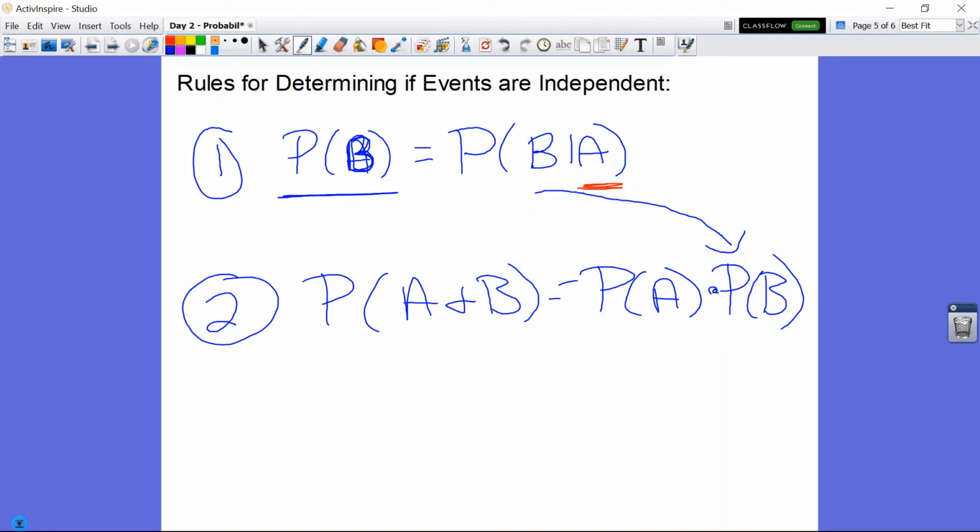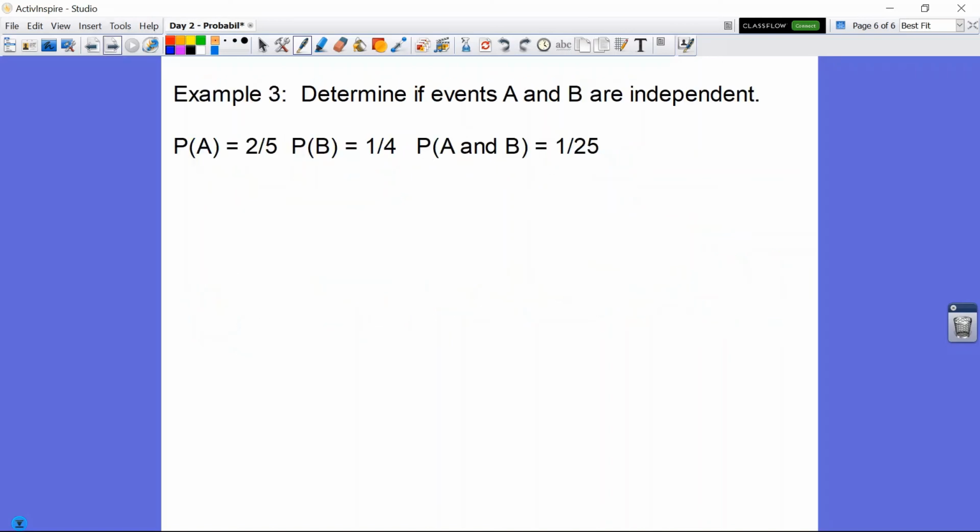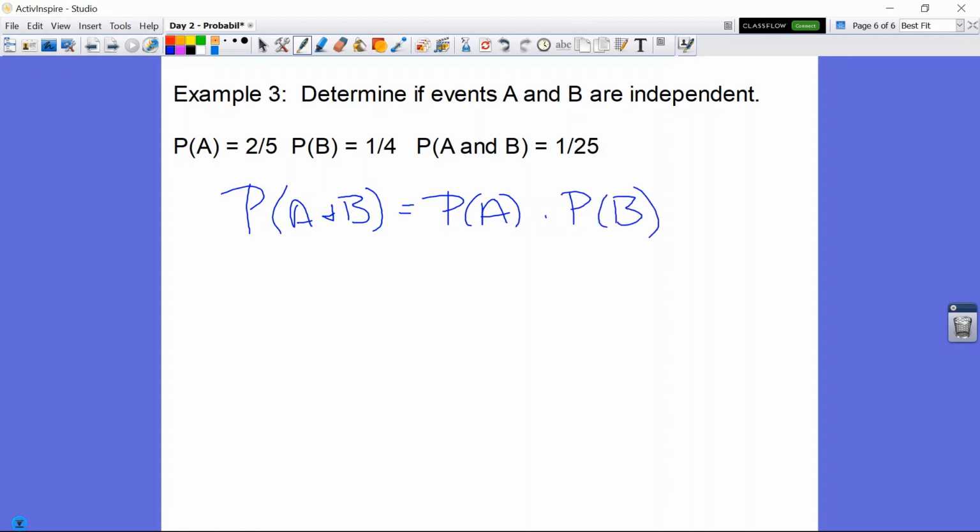So places that this could show up are an example like this. It says determine if A and B are independent, and it doesn't give us any information as to what those events are, so we're just having to use the math part of it. And we said that we know if events are independent, then the probability of A and B is equal to the probability of A times the probability of B. So with these numbers that they've given us, we kind of just have to check to make sure that is correct. So we're going to plug in what we know.